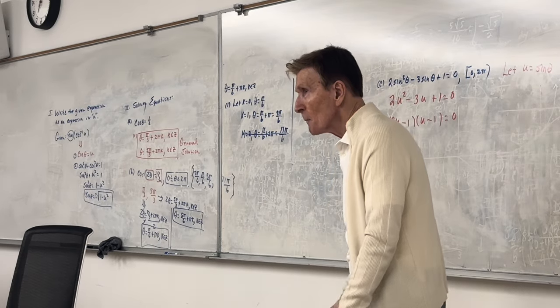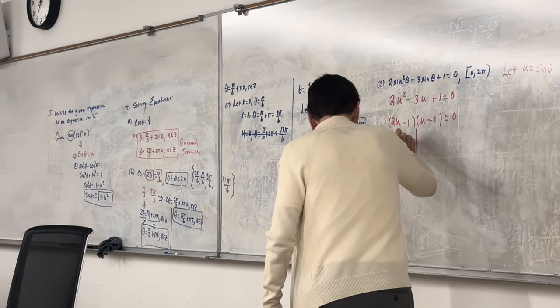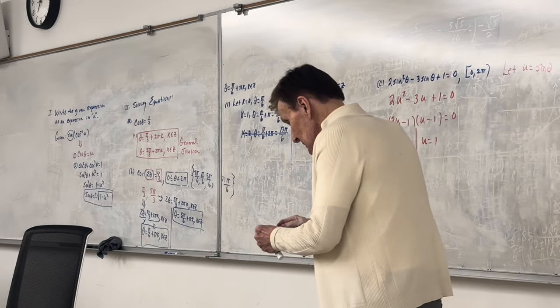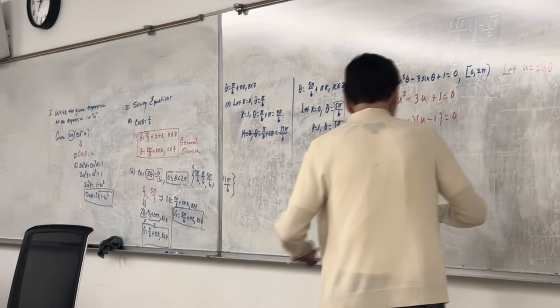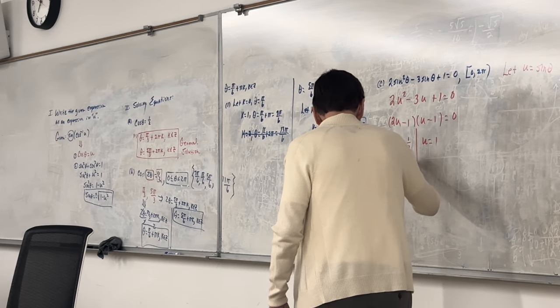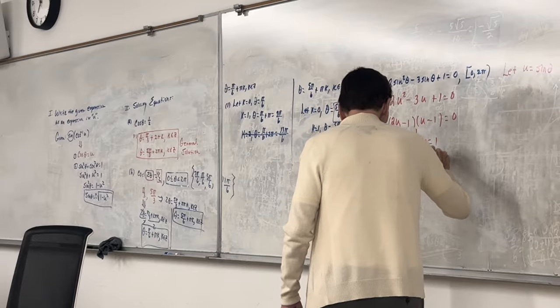We'll go ahead and factor. Split this up real quickly, guys. We'll end up with u equal to 1/2 and u equal to 1. But u is representing sine theta. So sine theta is equal to 1/2, and sine theta is equal to 1.